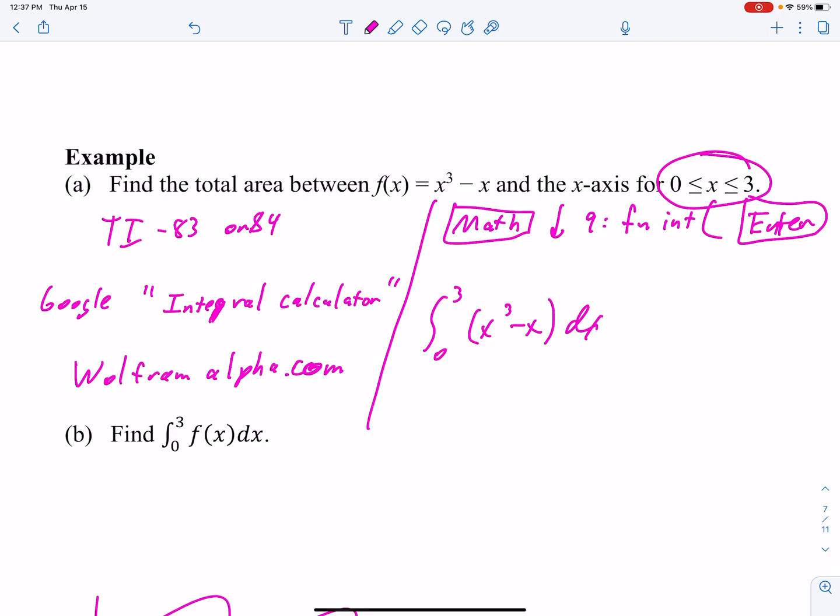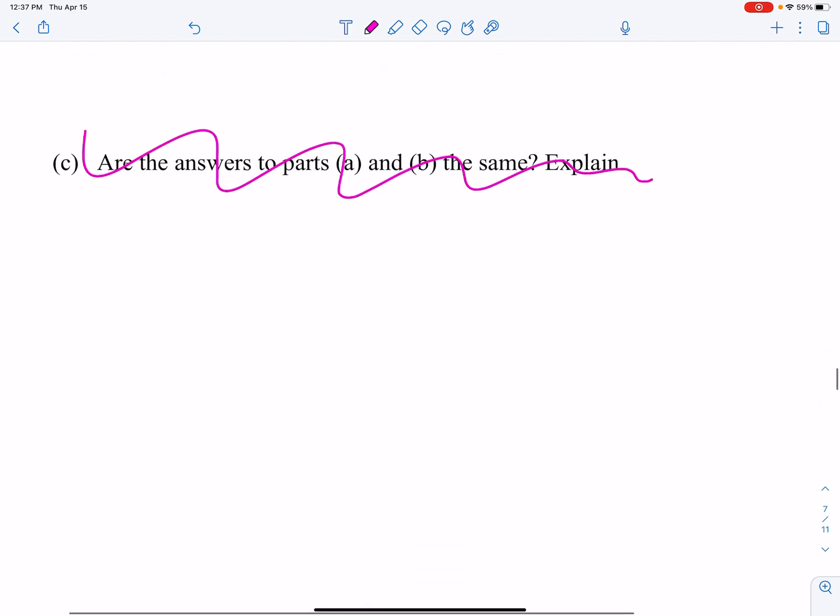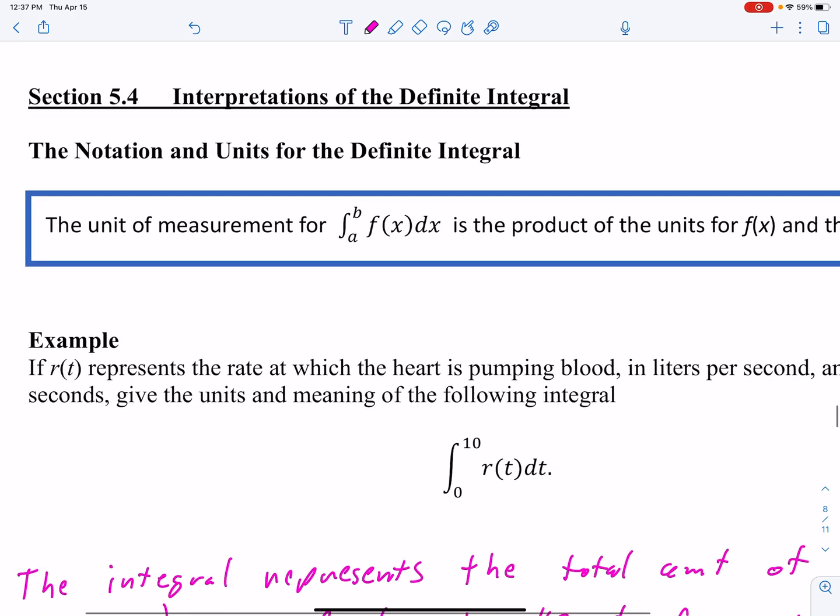Okay. And it should come out to 15.75. All right. If not, please contact me, of course, and I can give you some pointers on that. All right, so that's how we're going to do those.